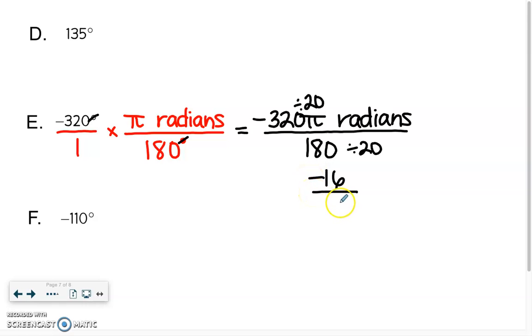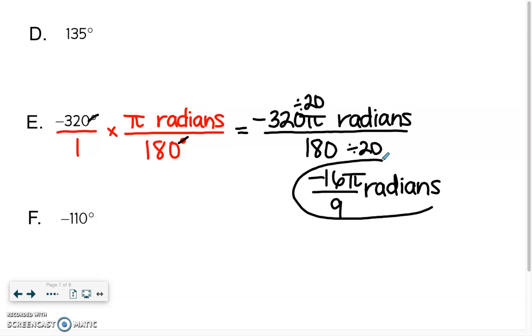And 180 divided by 20 would be 9. And then radians. Oh, I forgot my pi. There's a pi on top. Okay. And just make sure it doesn't reduce anymore, which it does not. And that is your answer. So negative 320 degrees is the same as negative 16 pi by 9 radians.